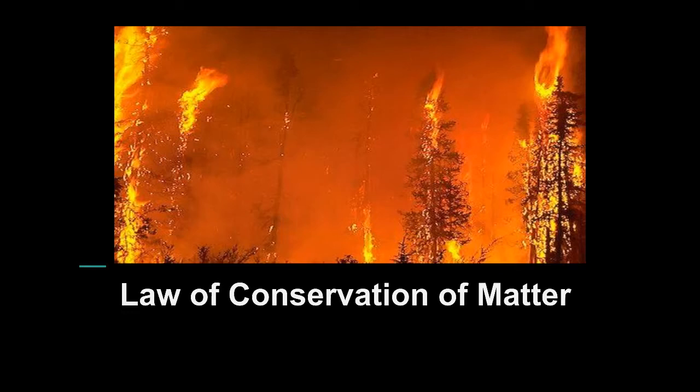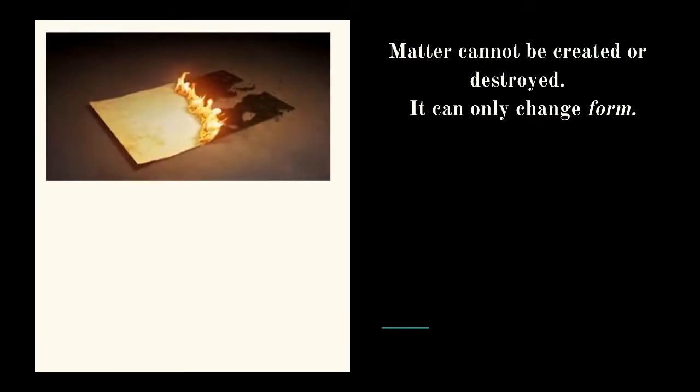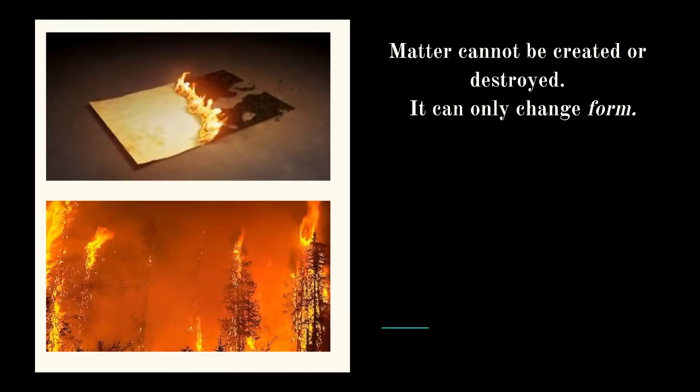This brings us to the law of conservation of matter, the fact that no atoms can be created or destroyed. So if we look at burning paper, for example, or if we take it a little step further, let's look at a forest fire. As this fire ravages through the forest, the trees seem to diminish, or some will vanish, or they'll burn and it'll just be ash.